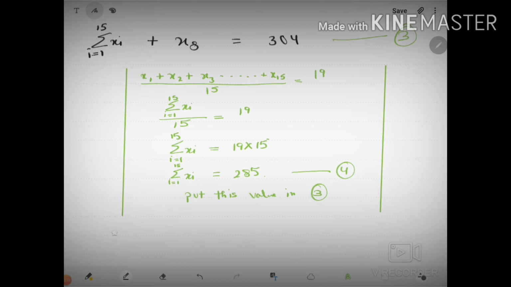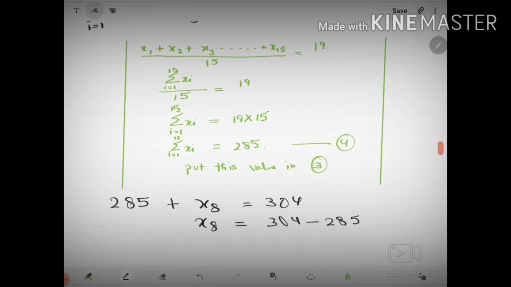Now the value from equation 4 we put over here. So we have 285 plus x8 equals 304. Therefore x8 equals 304 minus 285, and that is our answer. Therefore x8 equals 20.